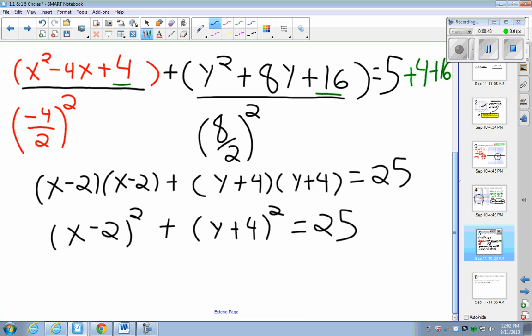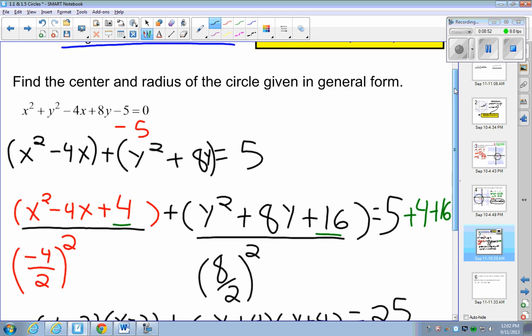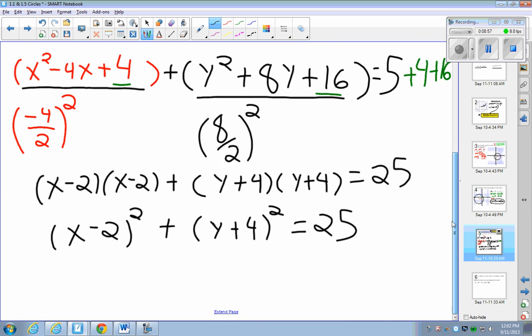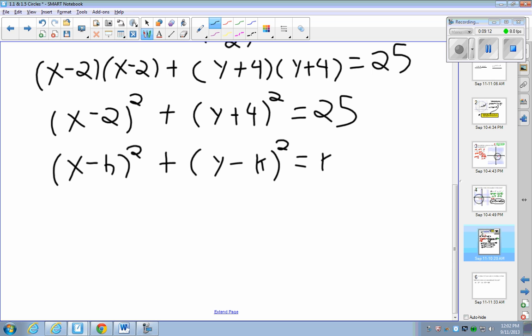Well, does this look familiar? It should look exactly like our standard form equation. We have x minus h squared plus y minus k squared is equal to r squared.